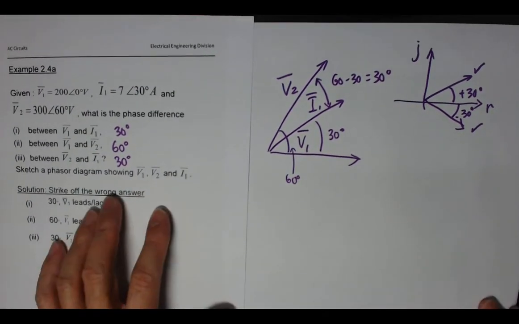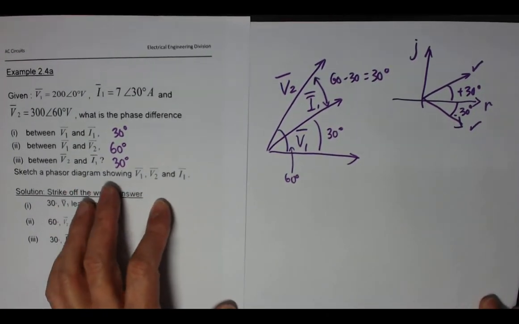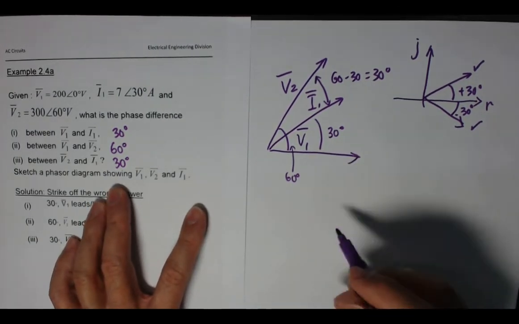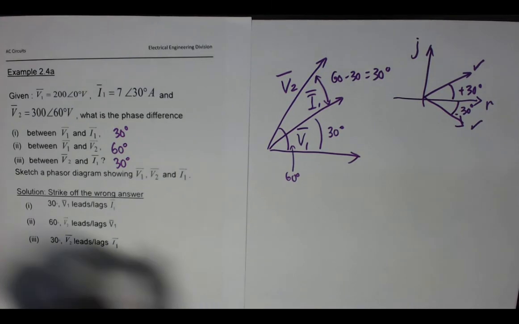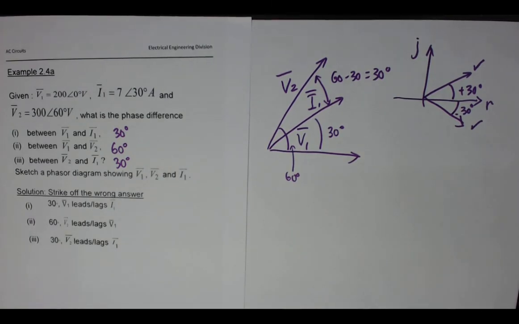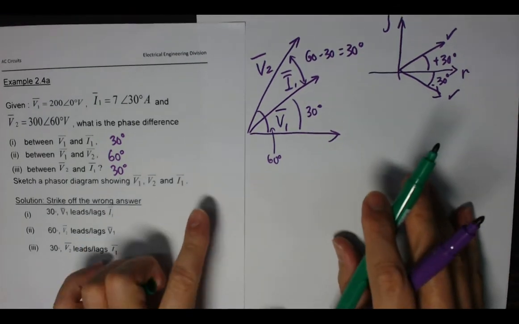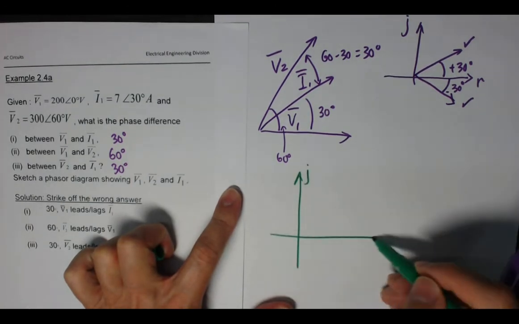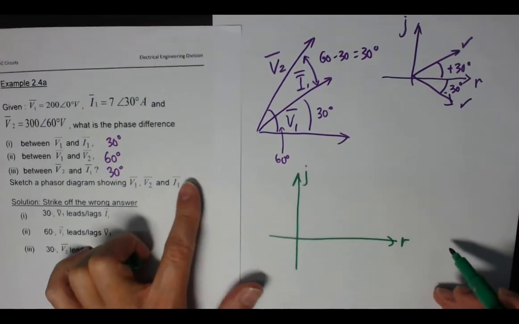Alright, so when we say to draw the phasor diagram, basically I have done that here, right? Maybe to make it a bit clearer, we have the imaginary axis and the real axis.